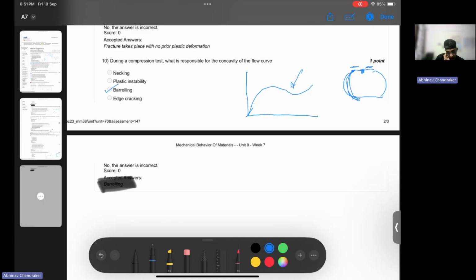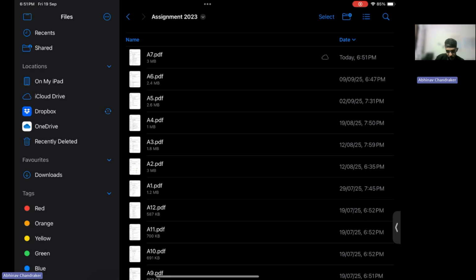This is the friction hill, right? And this leads to this kind of barreling and reduction in the flow stress, which is kind of not normal, difficult to work with. So with this we finish.